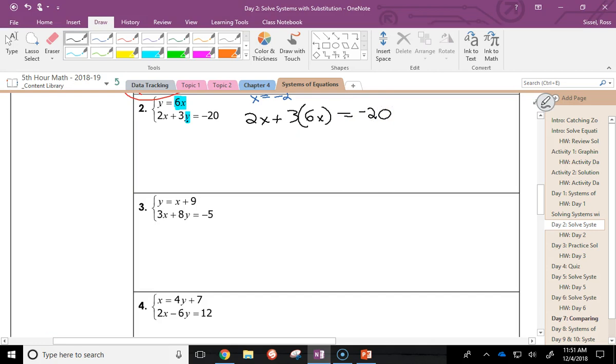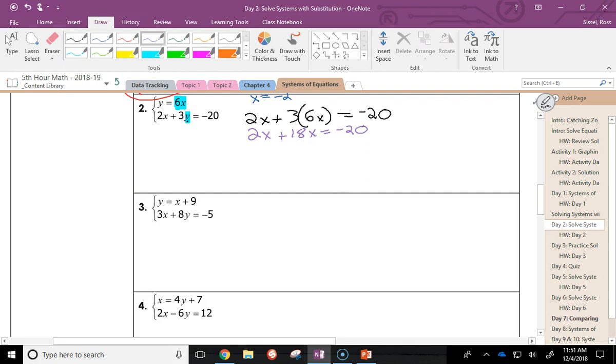Now all I'm doing is solving this. This is now our 4-step equations that we would have done in chapter 2, because there's a distributive property in here. I would do 2x, 3 times 6x is 18x equals -20.